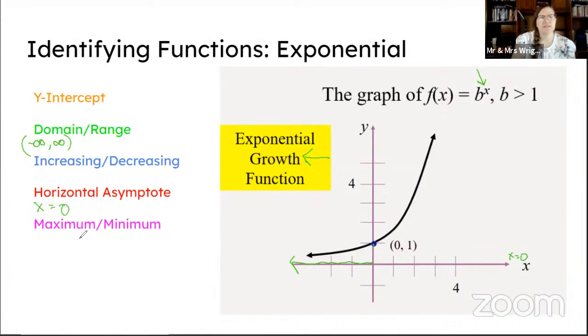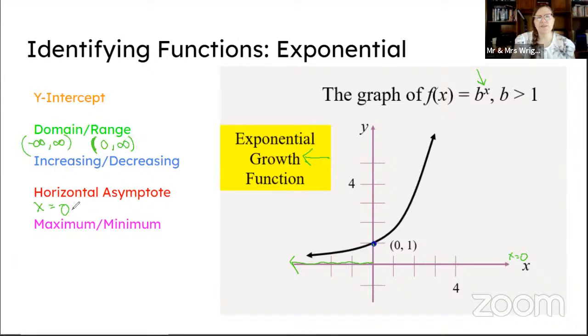So y equals 0 is our horizontal asymptote, and that helps us determine our range. It can't go any further down below what our asymptote is. And so in this particular case, our range is going to be from 0 to infinity, because this graph is always approaching 0, getting closer and closer and closer, but never actually touching it. So it's not going to be included.